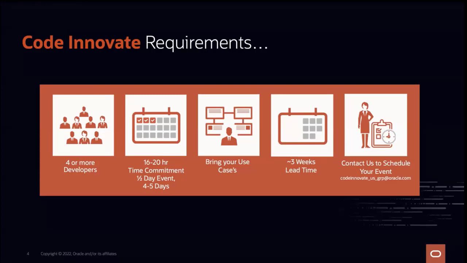We want to make sure that we're helping you improve your business, streamline anything you may be working on, and essentially help you build out what we call a first pass prototype. There is a 3-week lead time that we ask. That way we can work with you, learn about your business to ensure that we are giving you the best practices, the best base knowledge, and make sure that we can lead you the correct way.